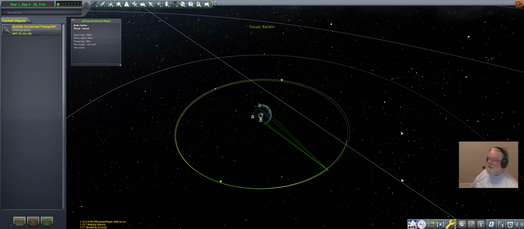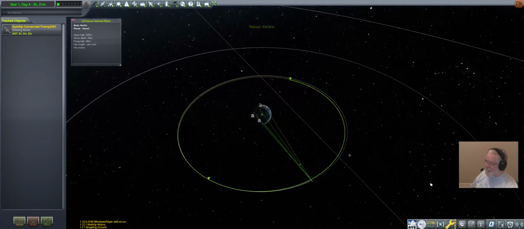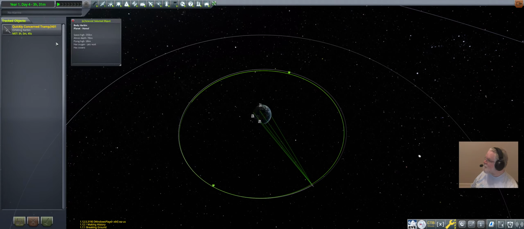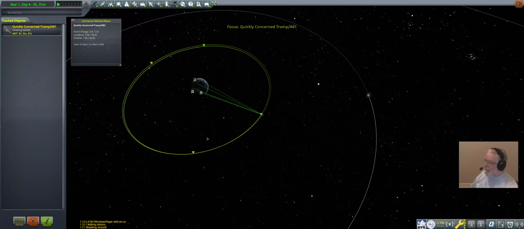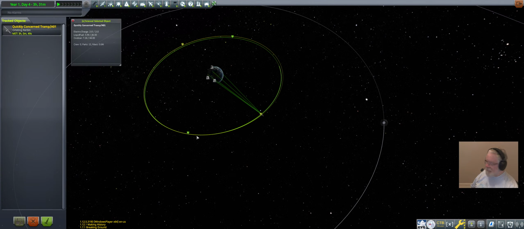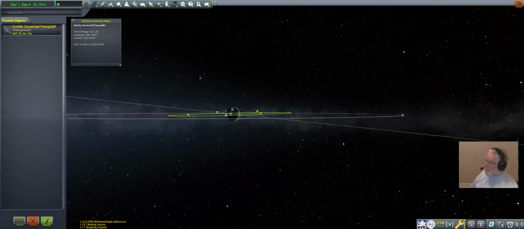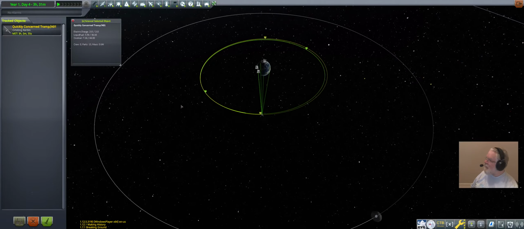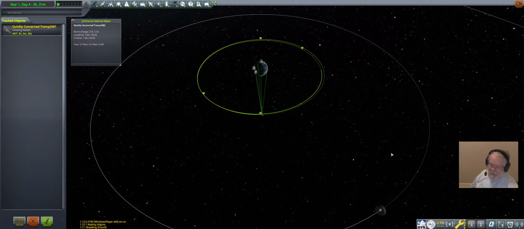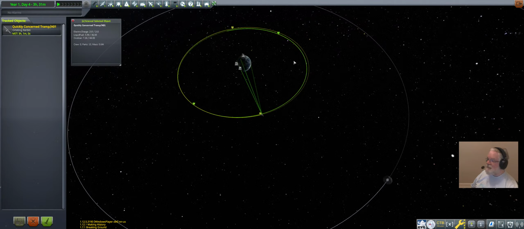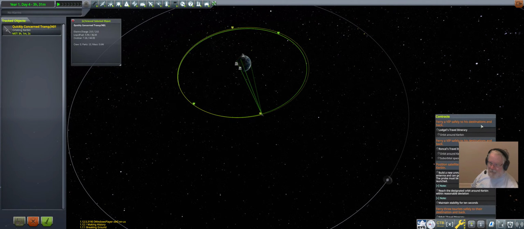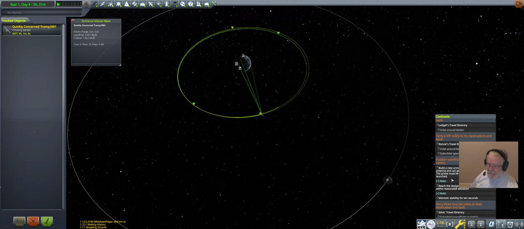If we go to our tracking station, I'm not sure why it has two lines. Perhaps the tracking station is still showing the contract that we just finished. Oh no, it didn't finish.